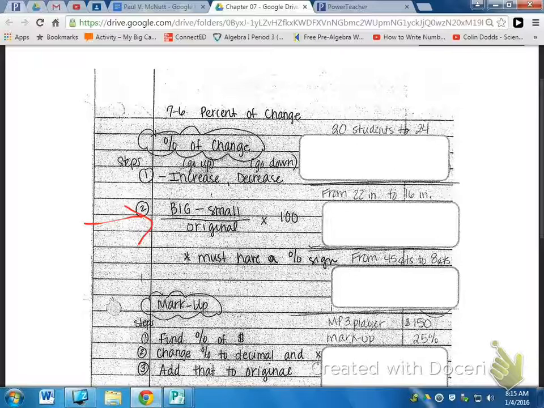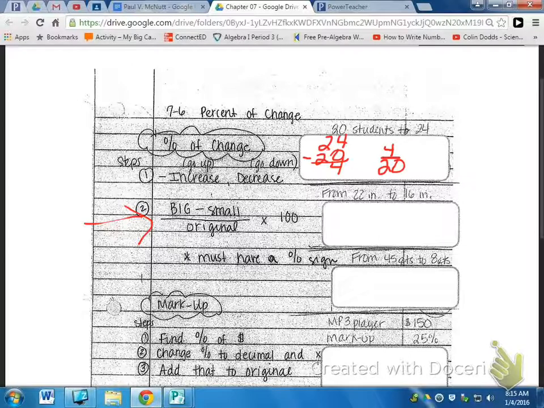So let's look at 20 students to 24 students. If I take the biggest minus the smallest, it's going to be 24 minus 20, which is an actual difference of what? 4. Okay, I need 4 divided by the original. Which one came first? If it started at what? 20.